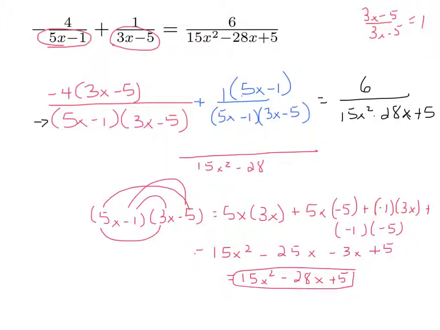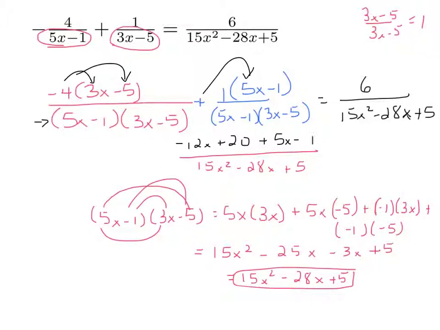So I'm going to put that now as my denominator up here, which is 15x squared minus 28x plus 5. Now keep in mind that these denominators are not the same, so I'm going to use that for the entire fraction. And then I'm going to distribute this. So I'm going to get negative 12x plus 20 plus 5x, and this is from here, minus 1. And then I'm going to simplify that, and you get on the top here 6 over 15x squared minus 28x plus 5.